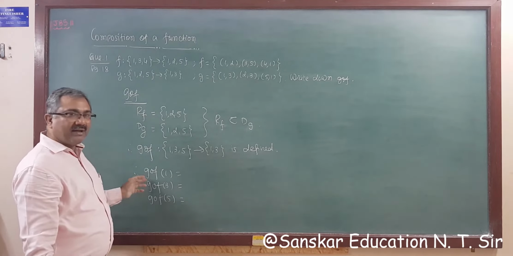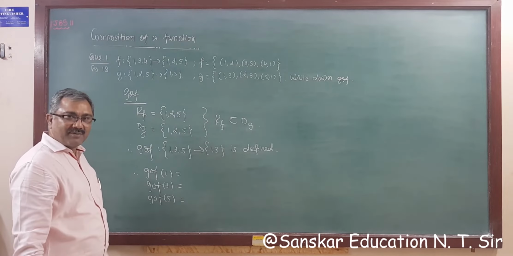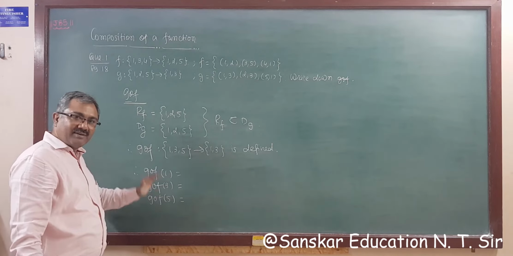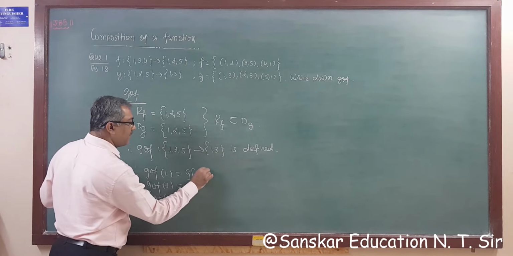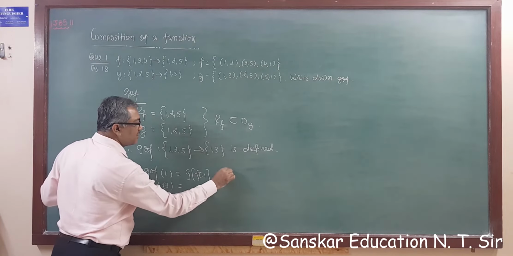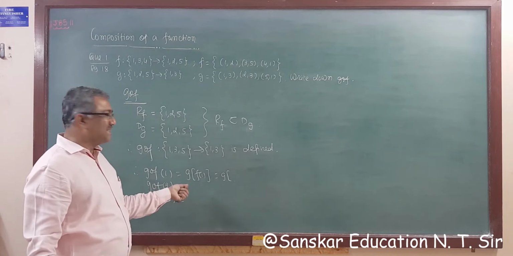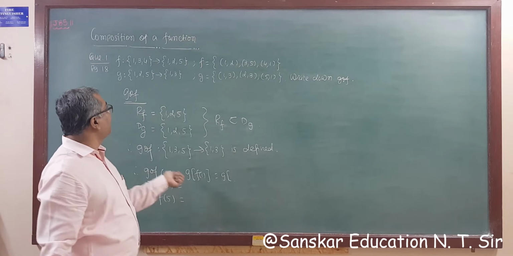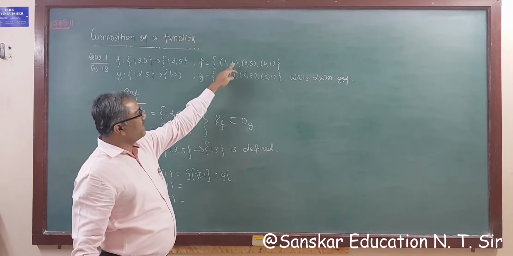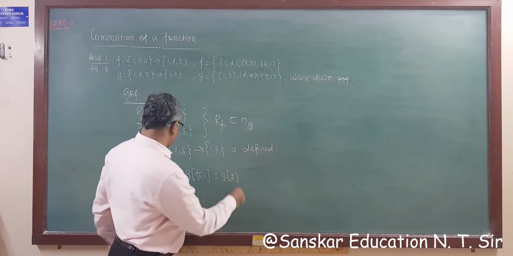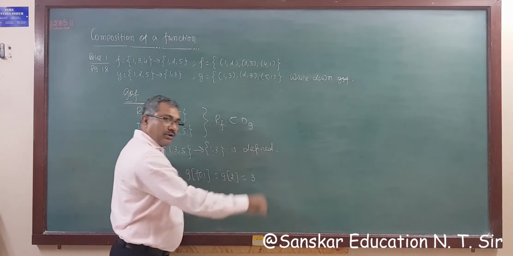I have a lot of space. That's why I'm writing all of it 1 by 1 here, right? So this is g of f of 1. Now f of 1 means the image of 1 with respect to f. So the image of 1 with respect to f is 2. So the answer is g of 2, and g of 2 is 3. Got it?